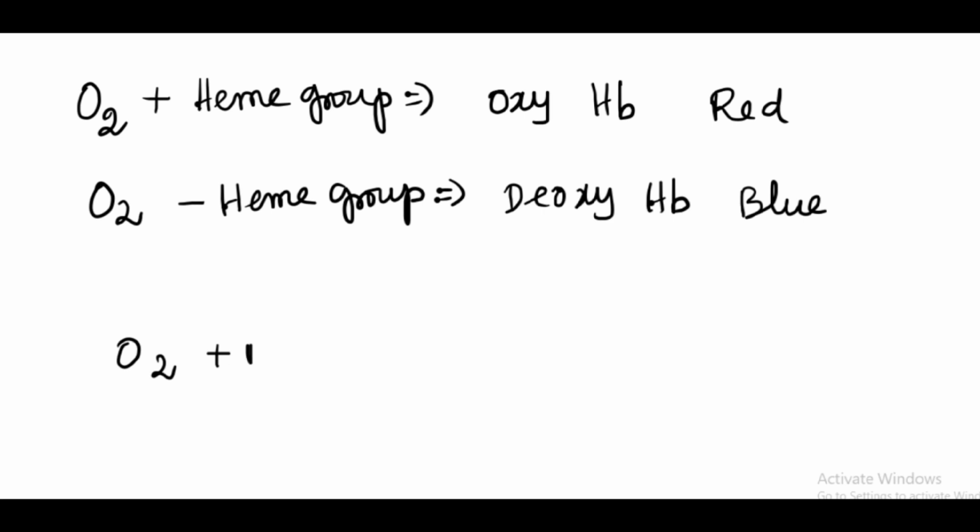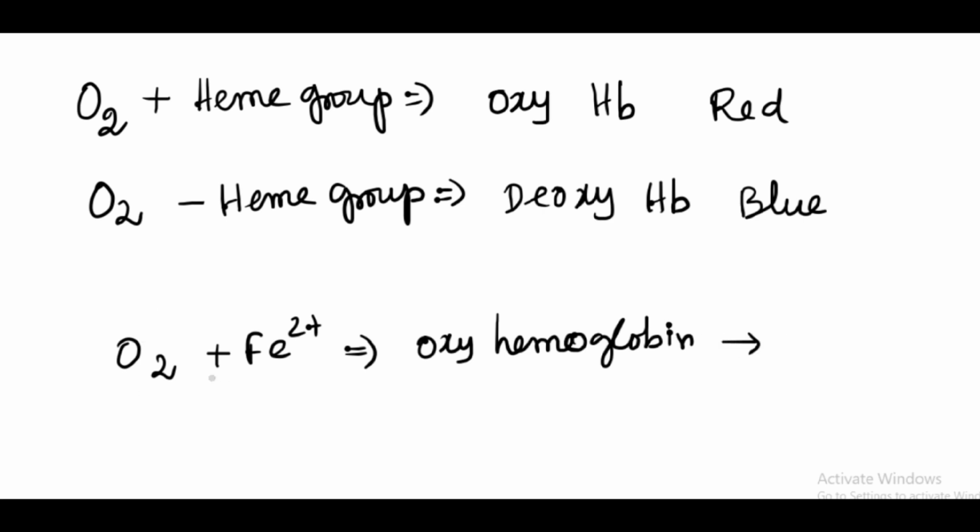Whenever oxygen is bound with Fe2+, it becomes oxyhemoglobin. Oxyhemoglobin is nothing but Fe2+ surrounded by the strong field oxygen ligand. Therefore, no unpaired electron is seen in either t2g or eg. Therefore, it is diamagnetic in nature.